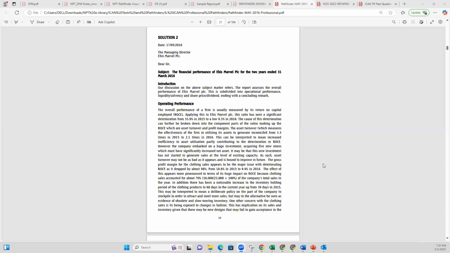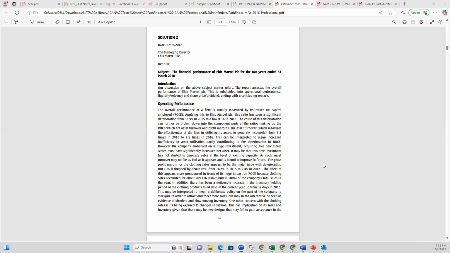The gross profit margin for the clothing sales appears to be the major issue with the deteriorating ROCE, as it dropped by about 98% from 18.6% in 2015 to 9.4% in 2016. The effect of this appears more pronounced in terms of its huge impact on ROCE, because clothing sales accounted for about 70%, 16,000 divided by 23,000 times 100%, of the company's total sales in the year.